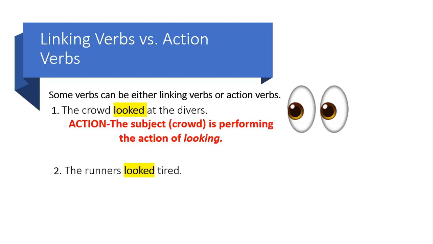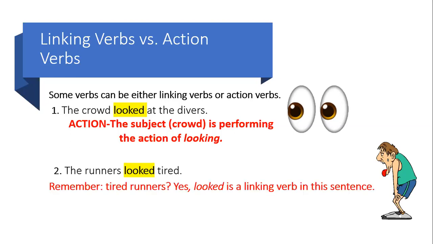And remember how when I showed you the try this test, it said that you could use the adjective before the subject. And if it sort of made sense, then the verb was acting as a linking verb. Let's try it out. Tired runners. Does that make sense? Yes, it does. Look at that poor runner, man. His tongue is sticking out.